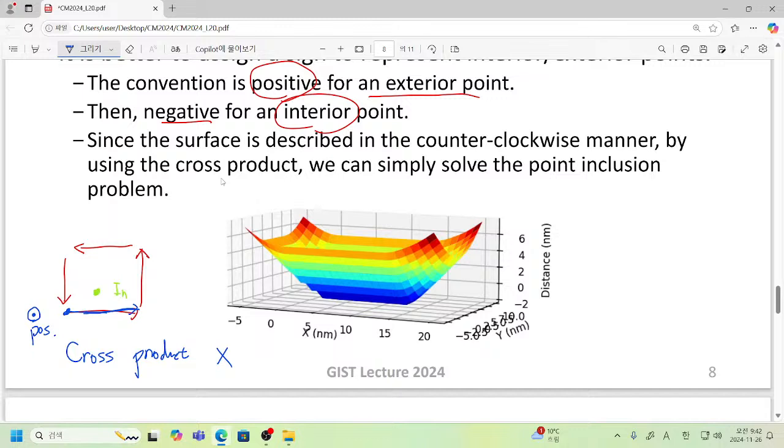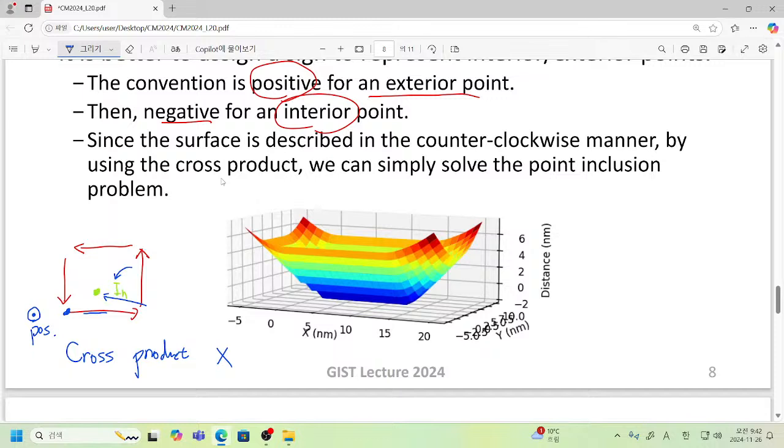Then let's think about the next edge. So how can you do that? Let me just do it together with you in this case. Now our blue line goes to here, and also think about our test point. Then please try to calculate the cross product once again from here to there. We will have a rotation here, so once again we will have a positive value. Okay, so let's do it once again.